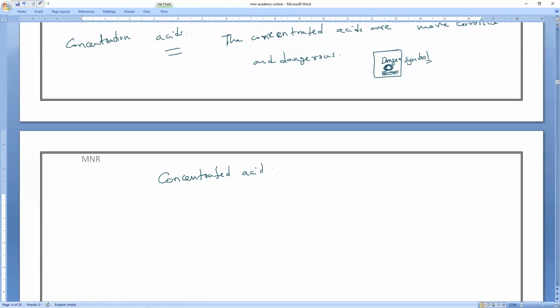If you are undergoing the process of dilution, meaning making diluted acid, be very careful. This is actually an exothermic reaction. What reaction is it, everybody? It is the exothermic reaction.